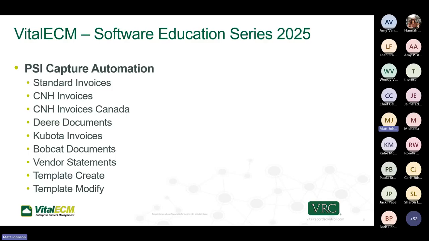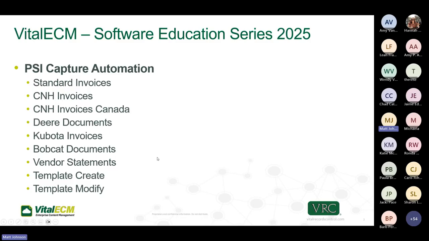Then we'll hop out and show you how to create templates within PSI Capture, how to modify those templates, and also get into what it looks like when we work with you to build a profile for a particular vendor. Yesterday we spent a lot of time talking about the different types of vendors and how we can create a special profile for them to help create a lot of automation for some of those larger vendors.